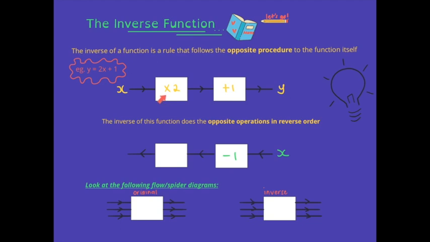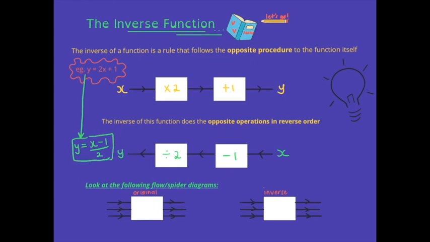In the original function, we were multiplying by 2, so now for the inverse, the opposite operation, division, I must divide by 2 to get to my output. So if I had to write down the inverse of this function, it would be y is equal to x minus 1, divided by 2. And that would be your inverse function.